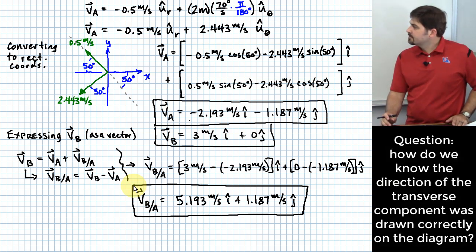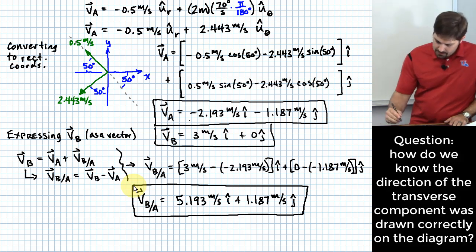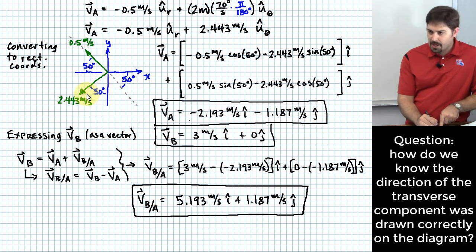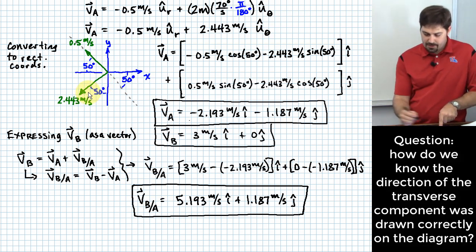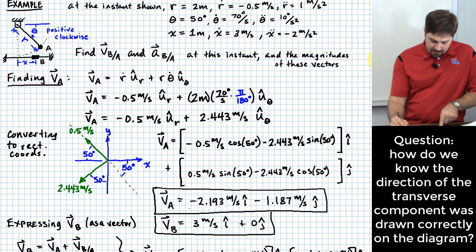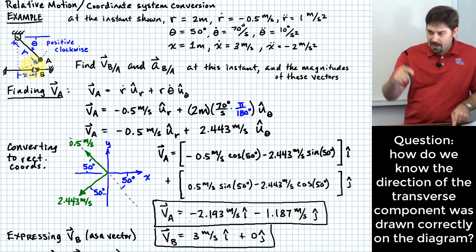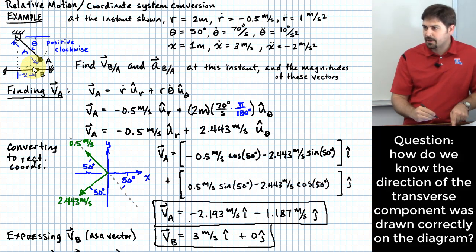When you drew that diagram and you drew your transverse vector, I know that clockwise is positive, but it just seems to me that it comes from the first quadrant. How do you know it's going in that quadrant? Okay, so the question is, how do I know that the transverse component of the velocity is going the direction that I drew it on this diagram? Here's how you can look at it. If this ball is swinging in a clockwise direction, it's moving down and to the left, right?